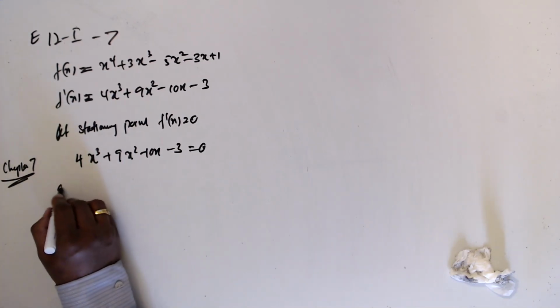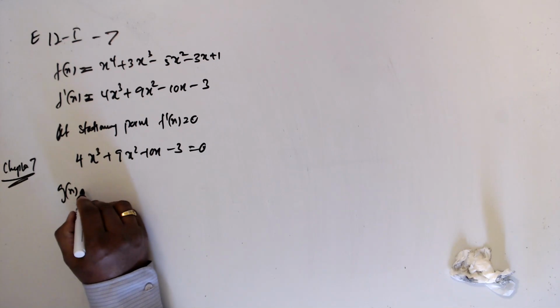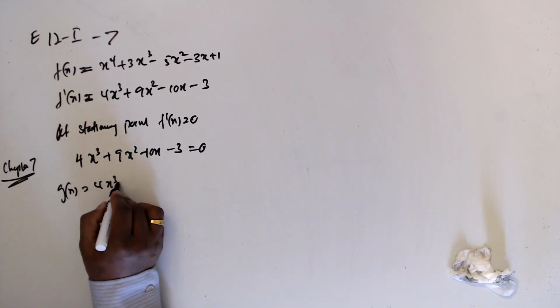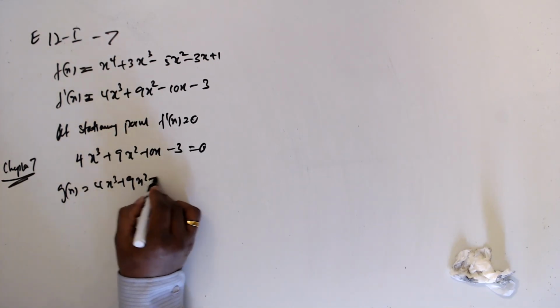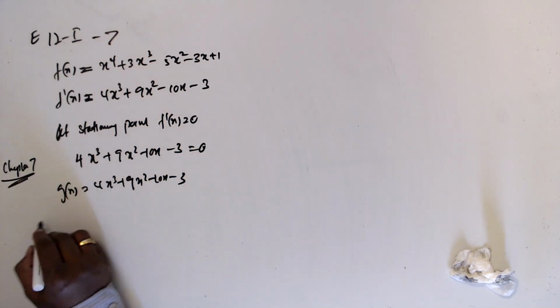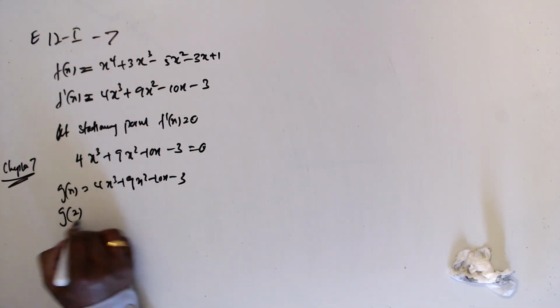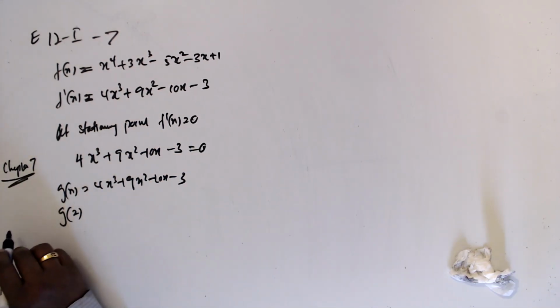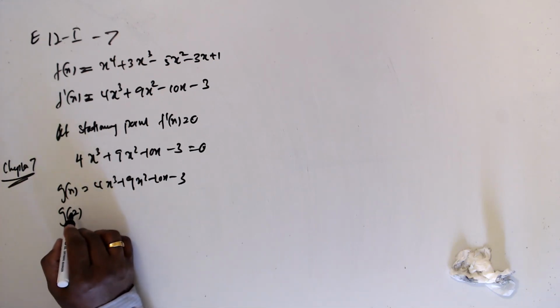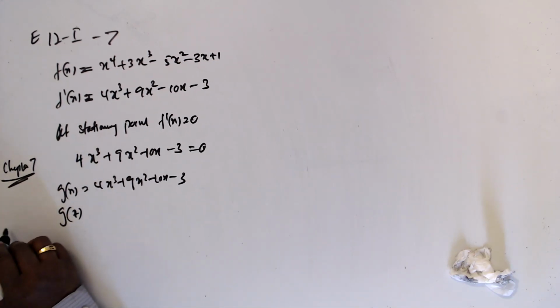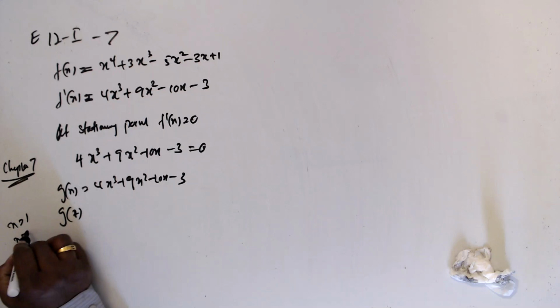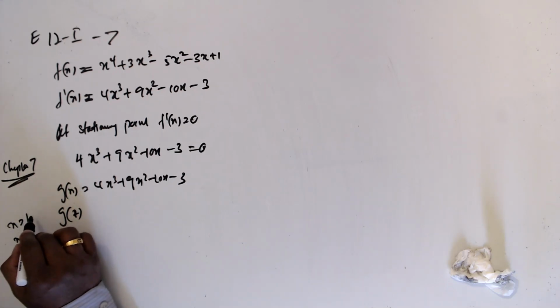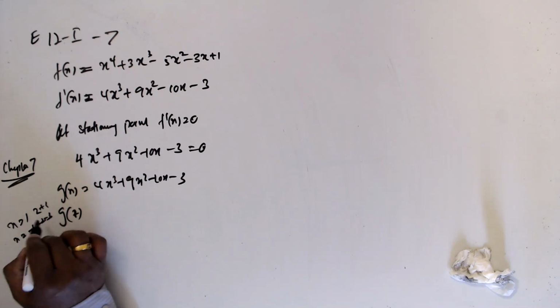So if I take g(x) equal to 4x cubed plus 9x squared minus 10x minus 3, we use trial and error. So we want to put g(1), x equal 1, x equal minus 1, 2, minus 2, 3, minus 3.